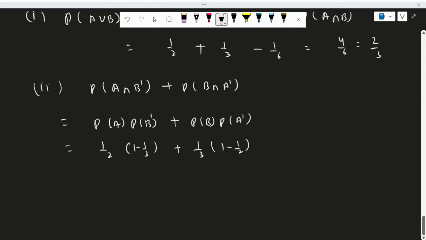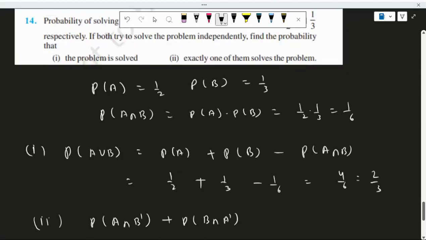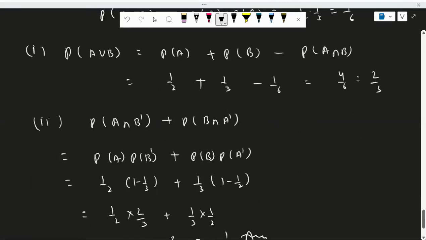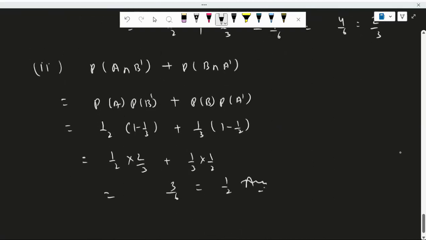We just substituted in the values: 1/2 times 2/3 plus 1/3 times 1/2. So 2/6 plus 1/6, 3/6, that is 1/2. This will be the answer.